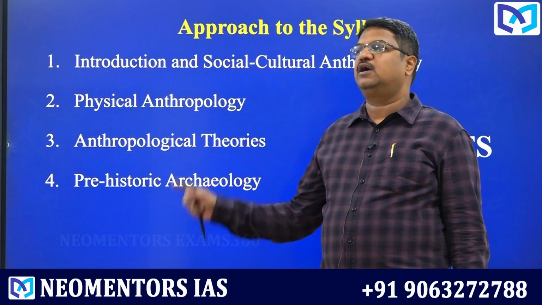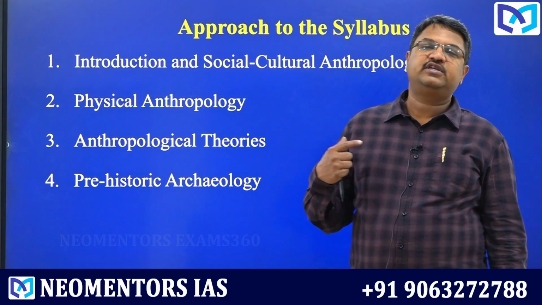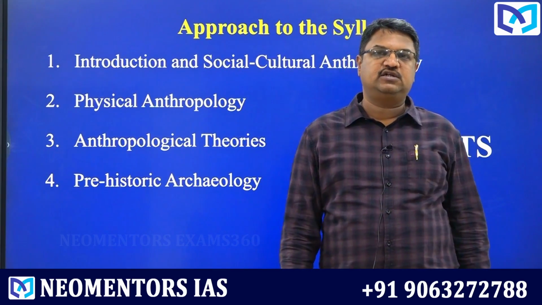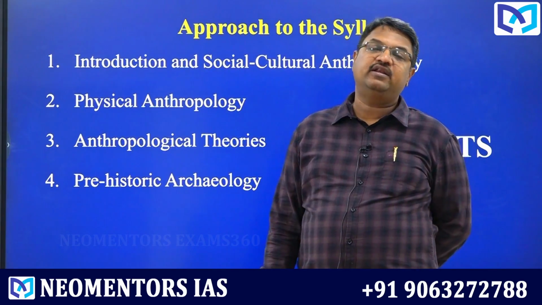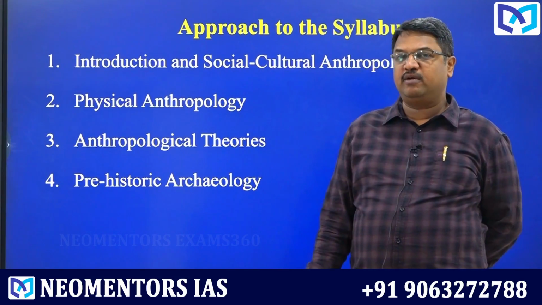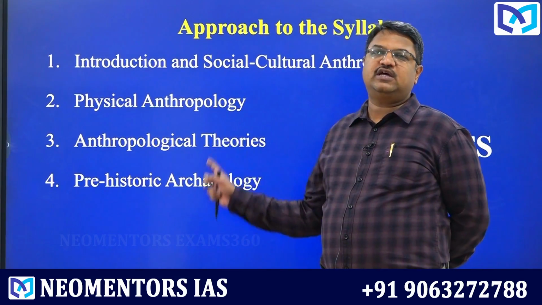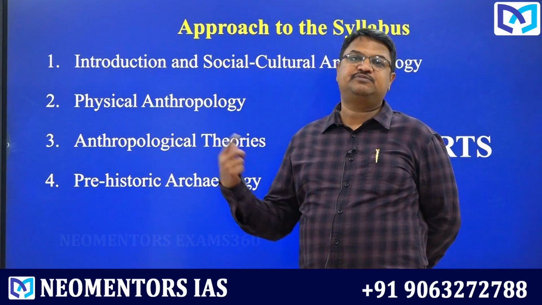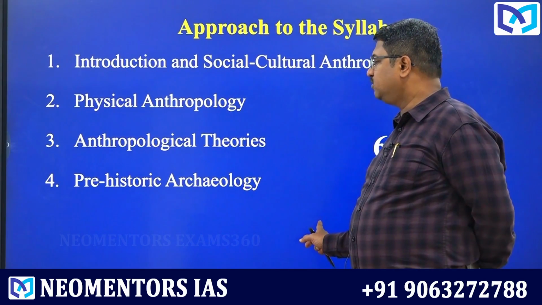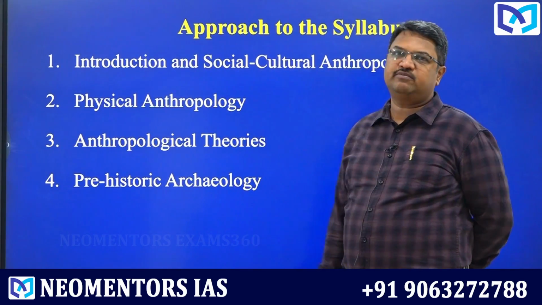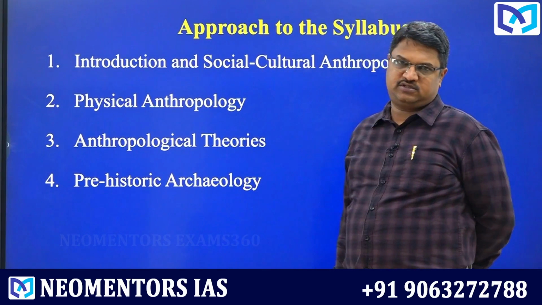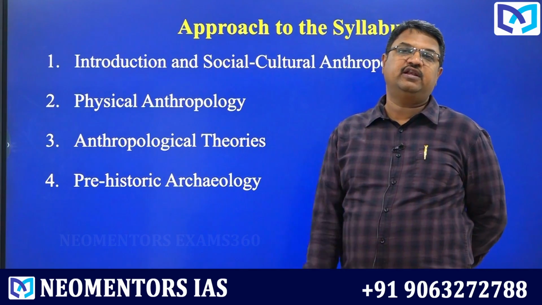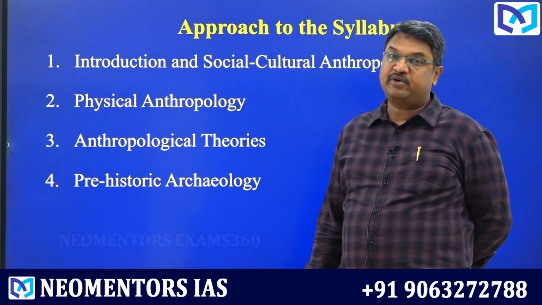These 4 parts are also seen in paper 2. These 4 parts usually cover the larger part of paper 1. So when we go to paper 2, all these 4 parts or 4 dimensions of the syllabus are already expressed there. The 4 parts I said belong to paper 1, parts 1, 2, 3, 4, and the 4th part also includes some part of Indian anthropology, that is paper 2.